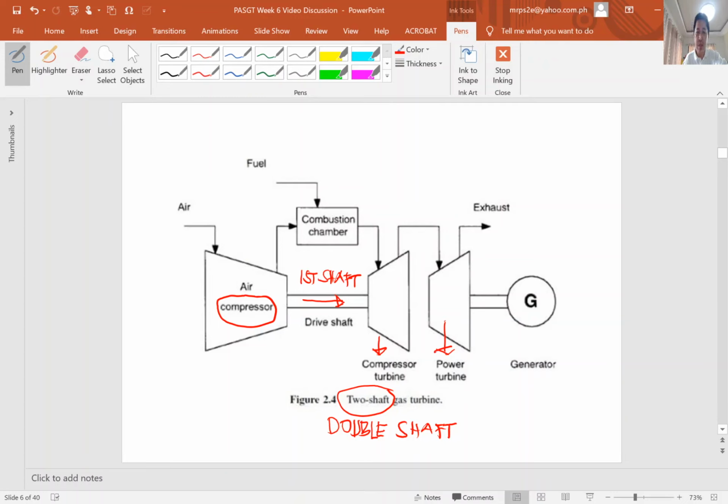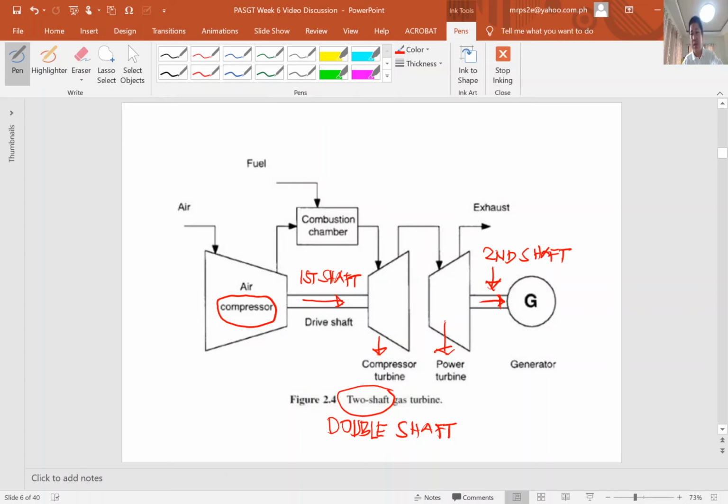So the second shaft is separated, and it is connected to the power turbine and to the generator.